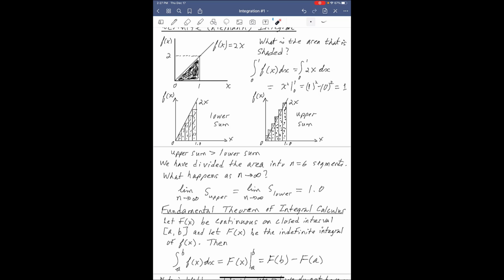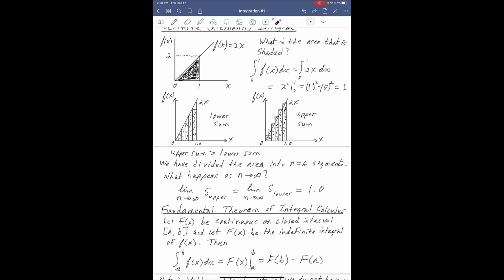In the other case, which is the upper sum, we actually truncate at the top. So we include these shaded triangles here, and these result in an upper sum that's going to be higher than this lower sum by the amount of these little rectangles at the top. Okay, that's the difference here because of the way we've truncated here versus here.